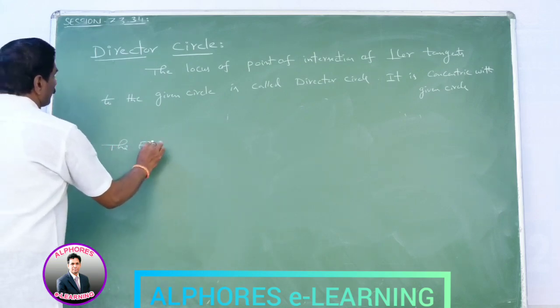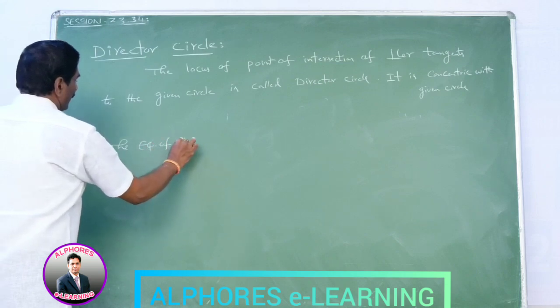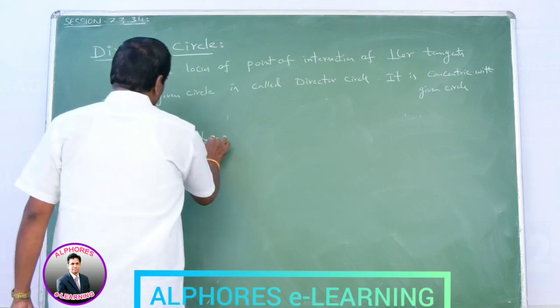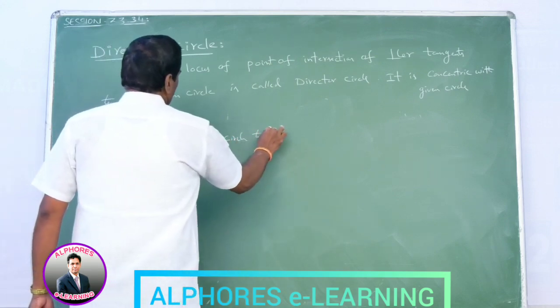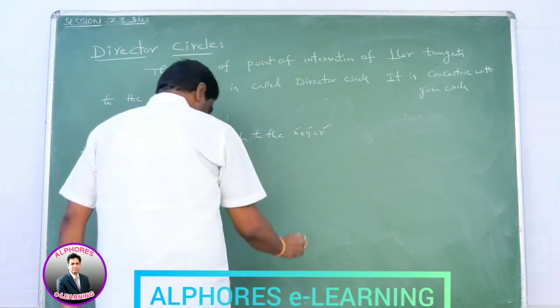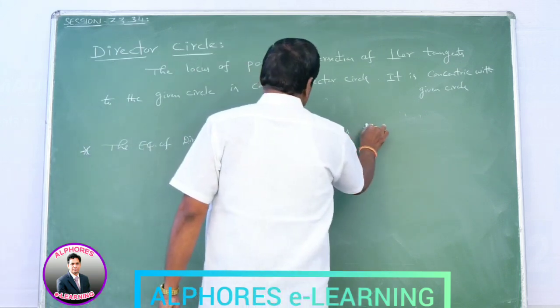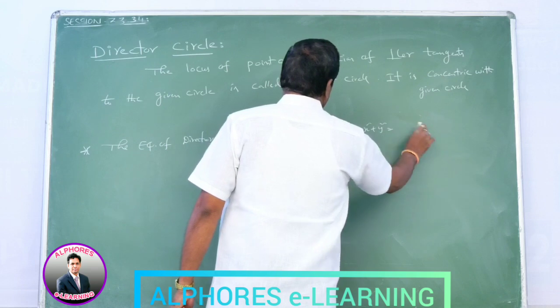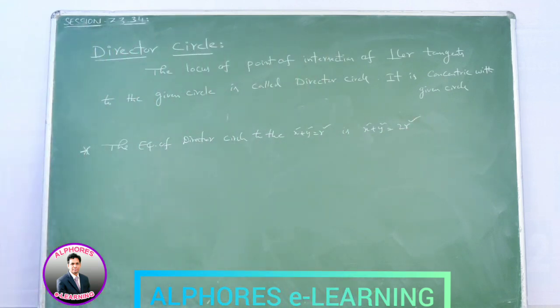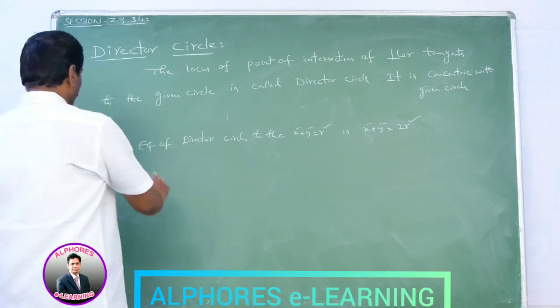The equation of the director circle to the circle x square plus y square is equal to r square is x square plus y square is equal to 2r square. Proof.